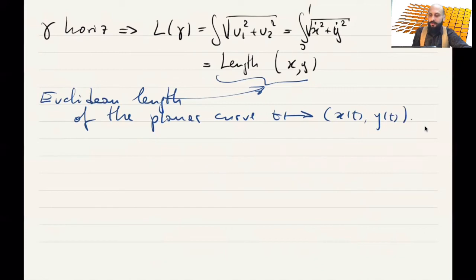Very good. So summarizing, the length of horizontal curves equals the length of the projections of those curves on the plane.